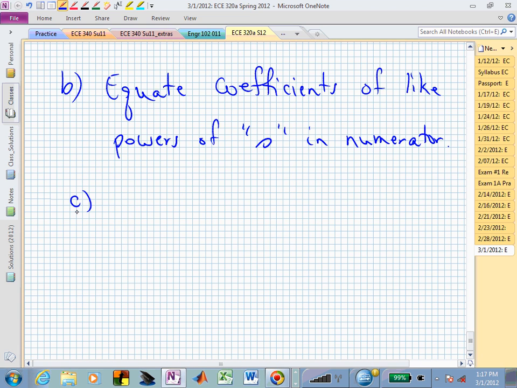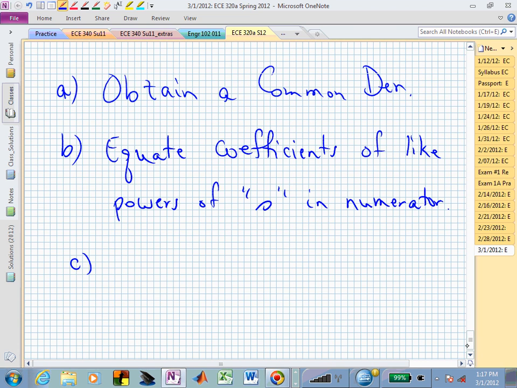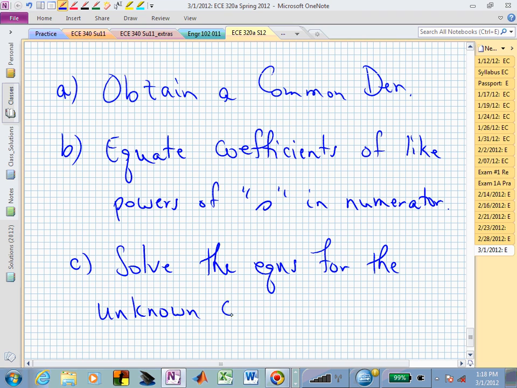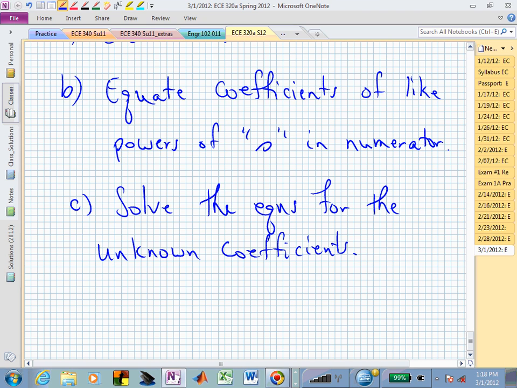And once we have those powers of s, we can identify the coefficients. Now we have that many equations to work with, and we can solve the equations for those unknown coefficients.